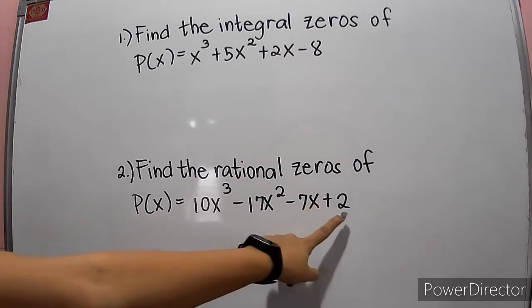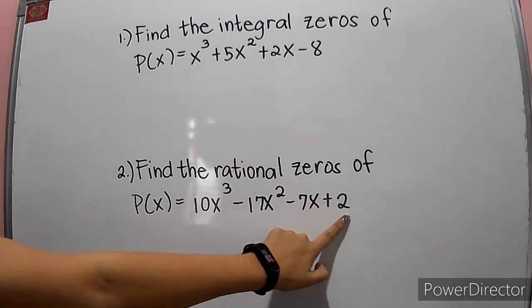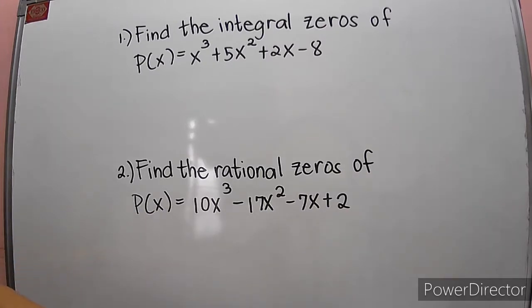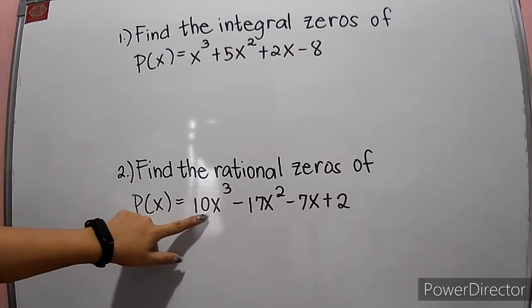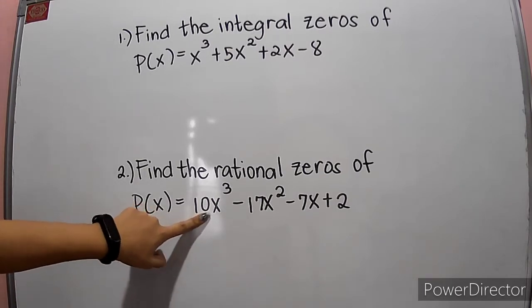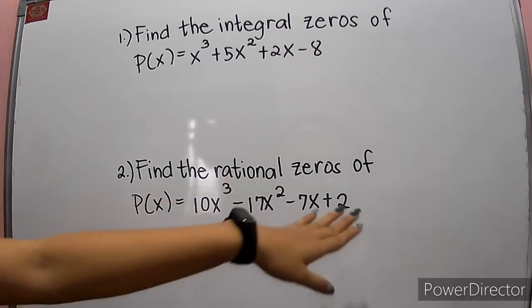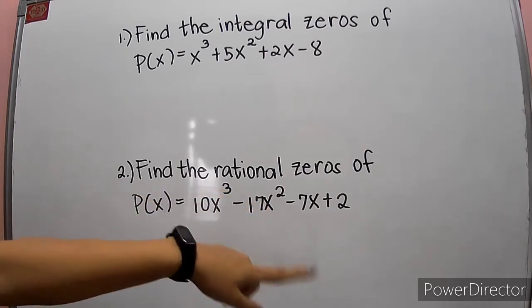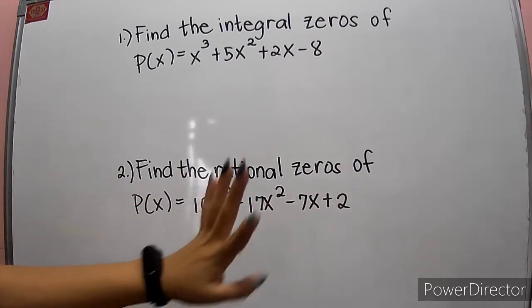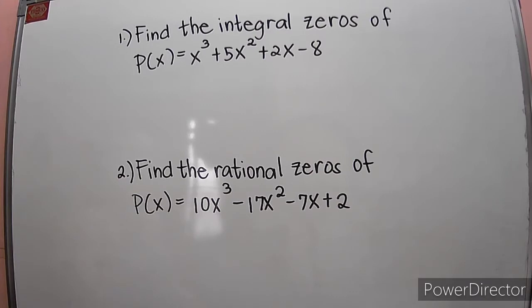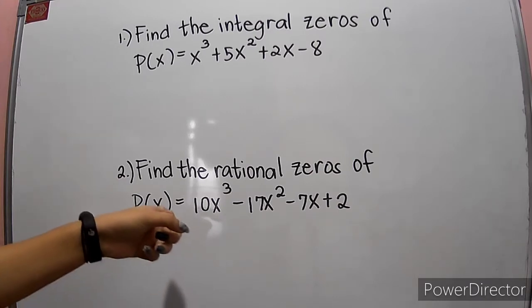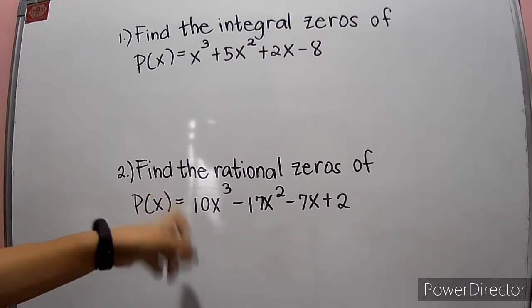So this will be our p, and q is a factor of the leading coefficient a sub n. So yung leading coefficient, ito po yung q. And then, kapag rational zero theorem ang gagamitin natin, ay we will be getting the factors of p and our q, and then yung p over q na yun, ilo-lowest term natin kung posible, we will be getting the pairs for the rational zeros.